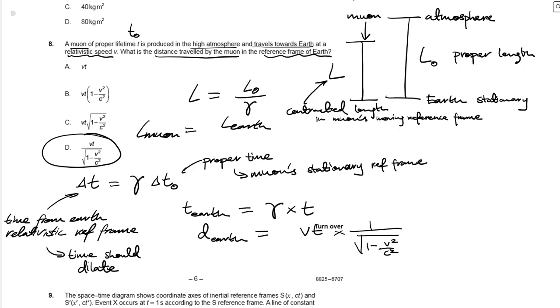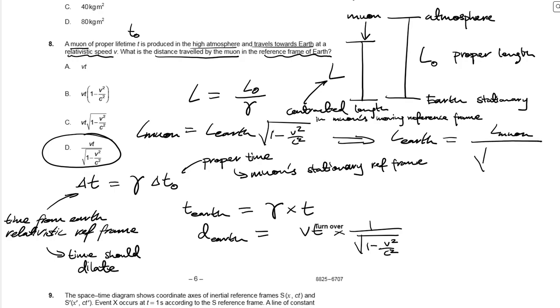And the question is asking the distance traveled by the muon. And the Lorentz factor is down, so then the root comes up. So we get this 1 minus v squared over c squared. And we want L Earth, right? We want the distance traveled in the reference frame of Earth. So we get the same thing, L muon over the square root of 1 minus v squared over c squared.